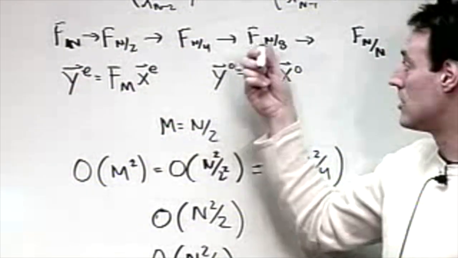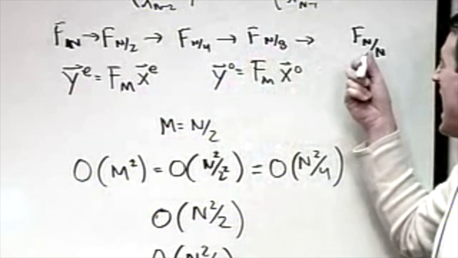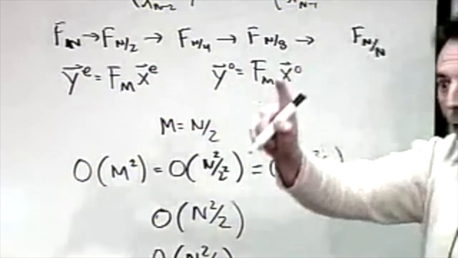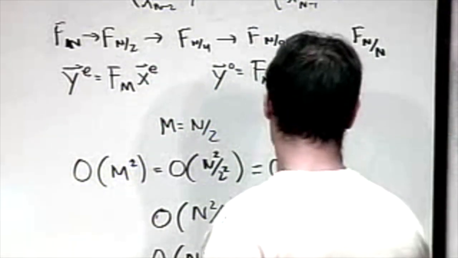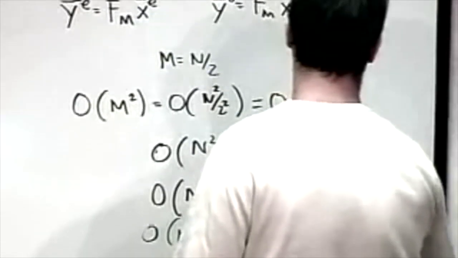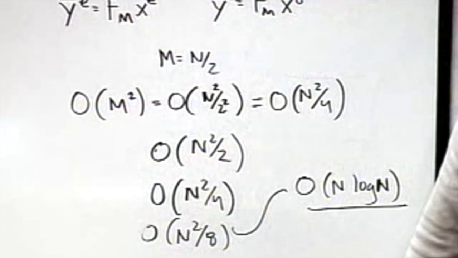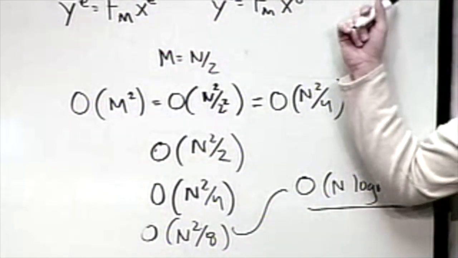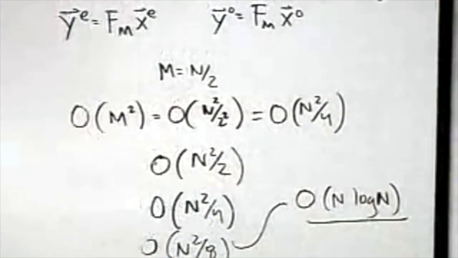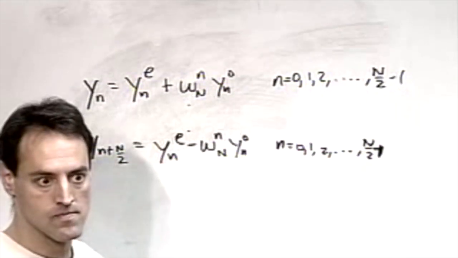And then we split that into 8 problems of size n over 8, all the way down to n problems of size 1 by 1. And when you do this, the ultimate thing you reach is n log n in that algorithmic structure. So what you do is you solve the 1 by 1 problems, and then you just follow these formulas all the way back up to write down your solution.